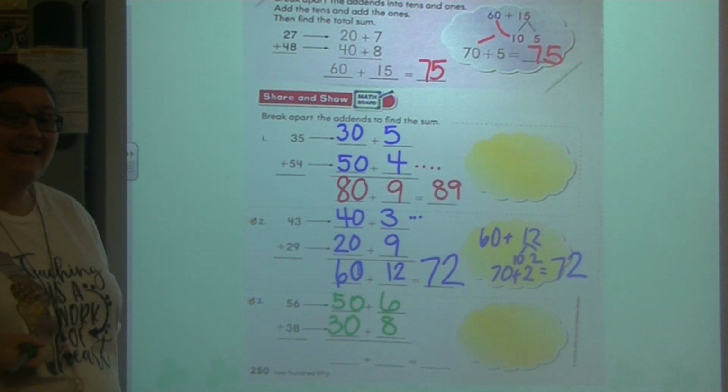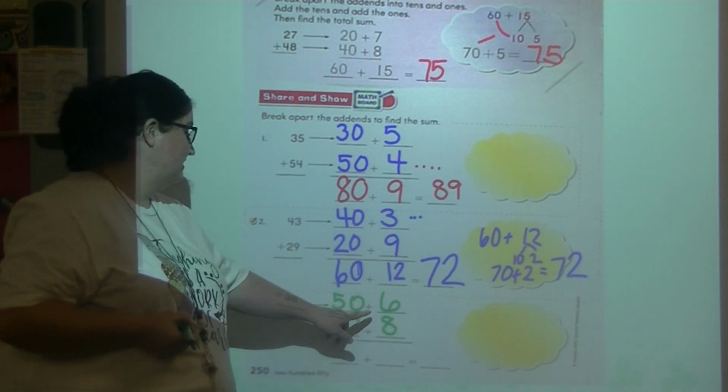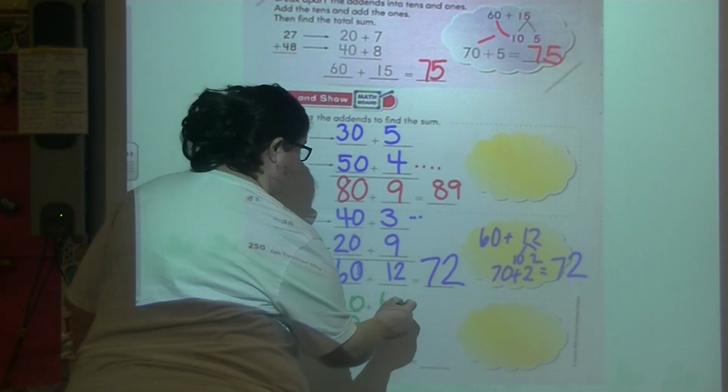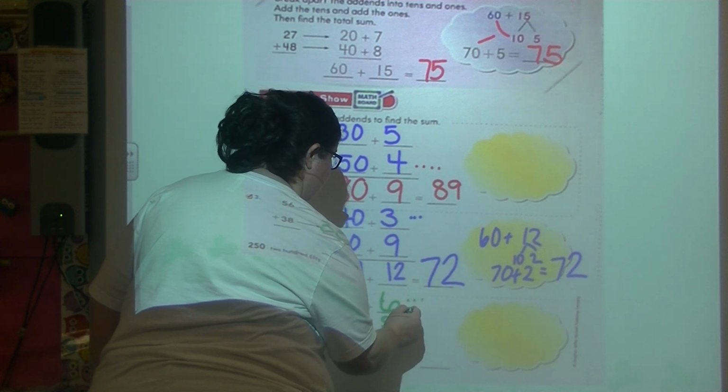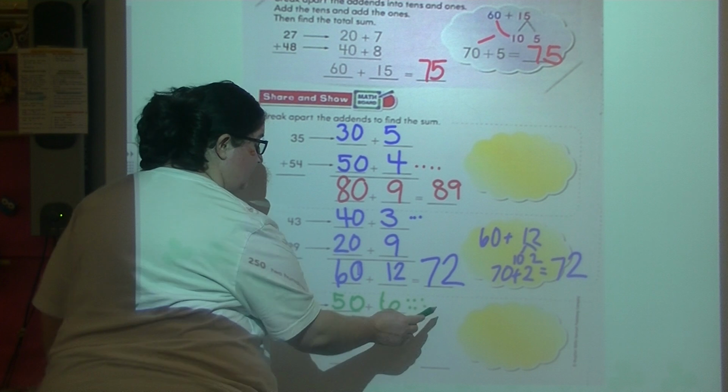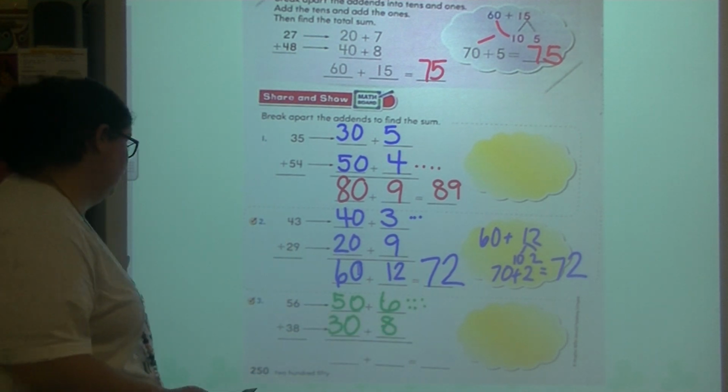Now we can add 6 plus 8. 8, 9, 10, 11, 12, 13, 14.